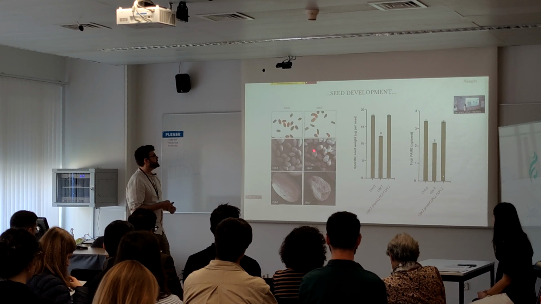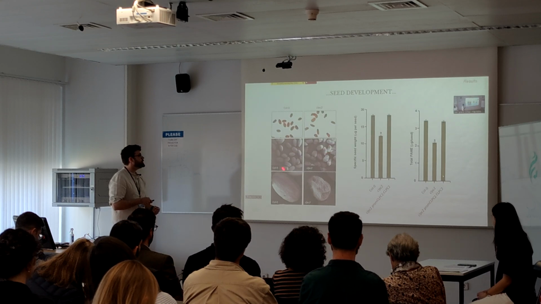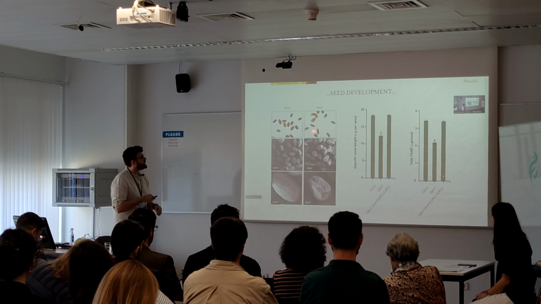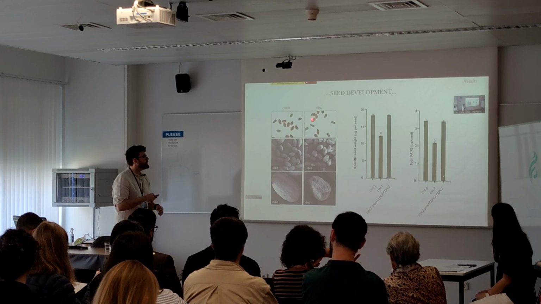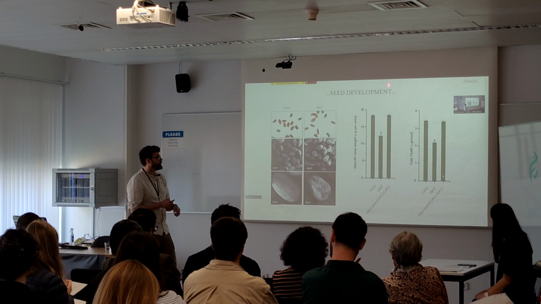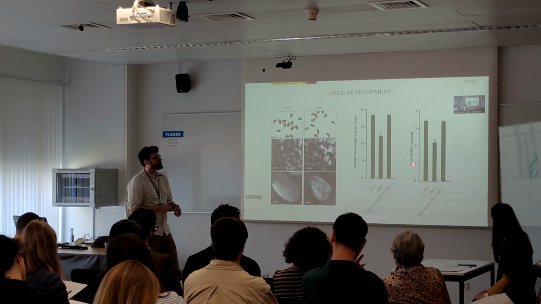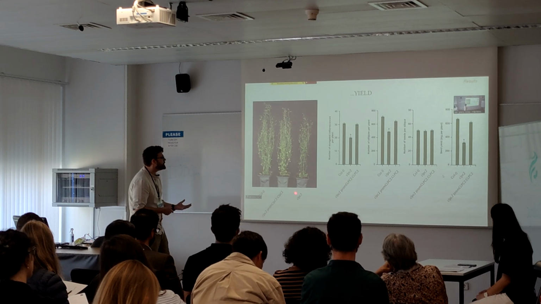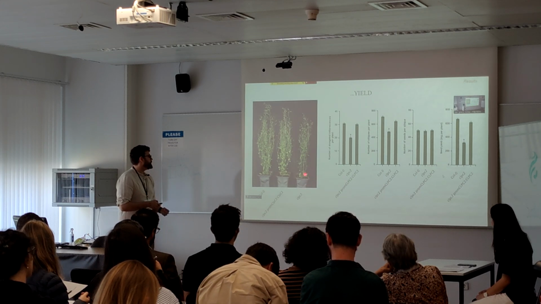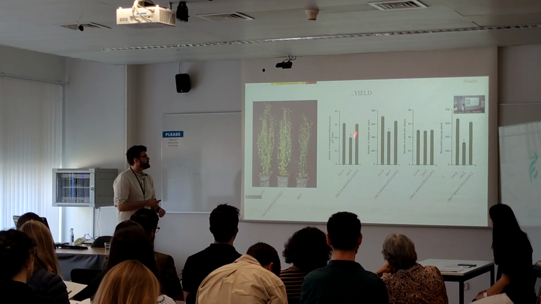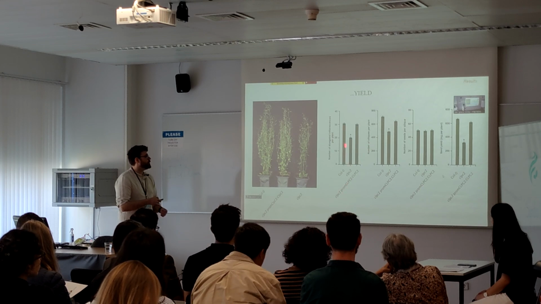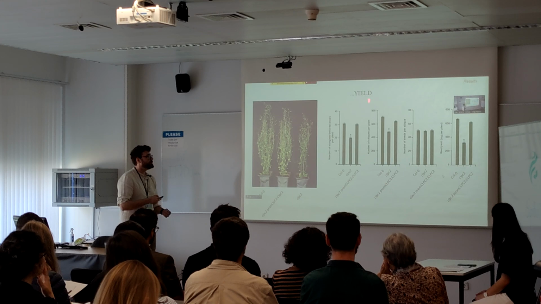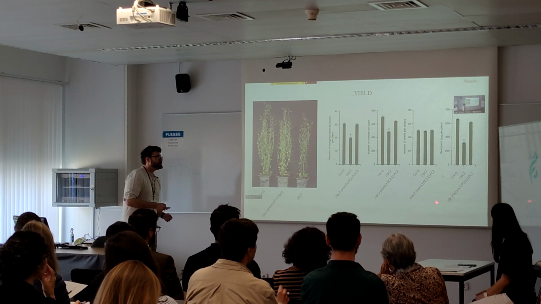When we analyzed seed development, we saw that CLPC2 seeds have a wrinkled phenotype, lower specific seed weight, and lower total fatty acids. We also analyzed the yield compared with the wild type, and discovered a lower number of elongated inflorescences per plant, a lower number of siliques per plant, and less seed yield.